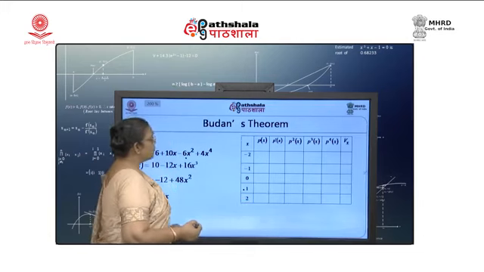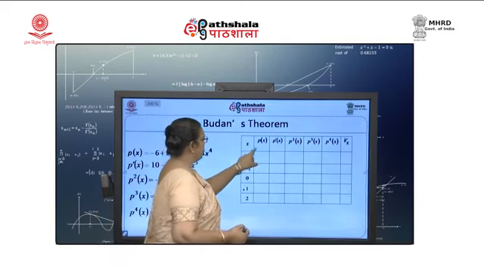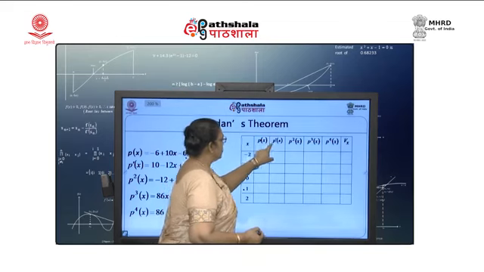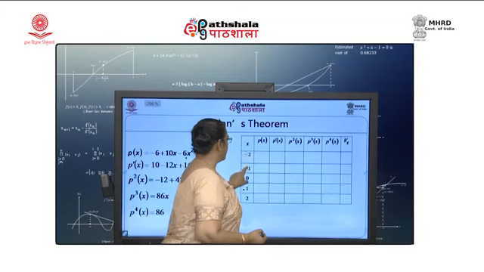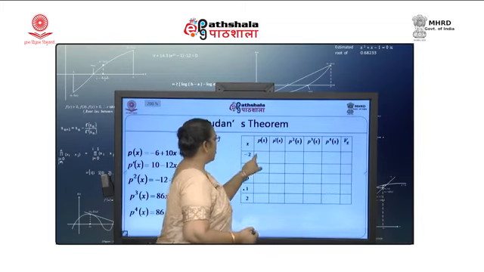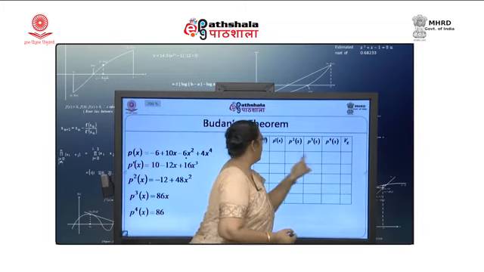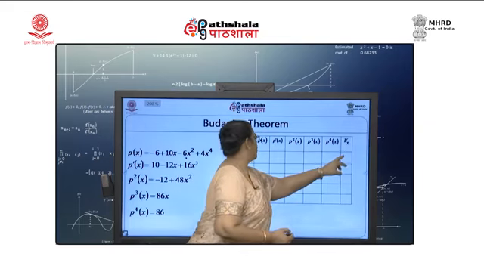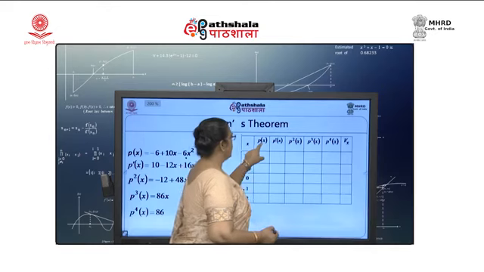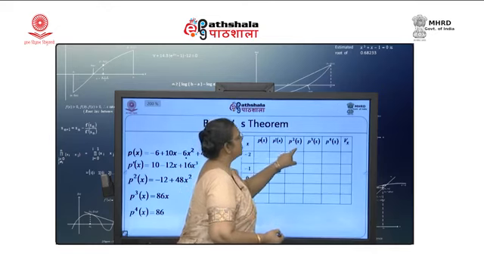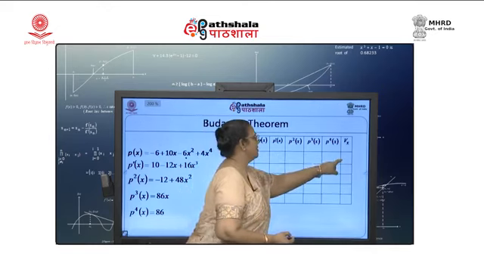Now, what does our theorem say? Find the values of p, p dash, second derivative, third and fourth at the point minus 2 and at the point minus 1, and observe the changes in sign in the sequence. V of minus 2 will give you the number of changes in sign from p minus 2 to the derivative at minus 2, second, third and fourth derivative at minus 2.